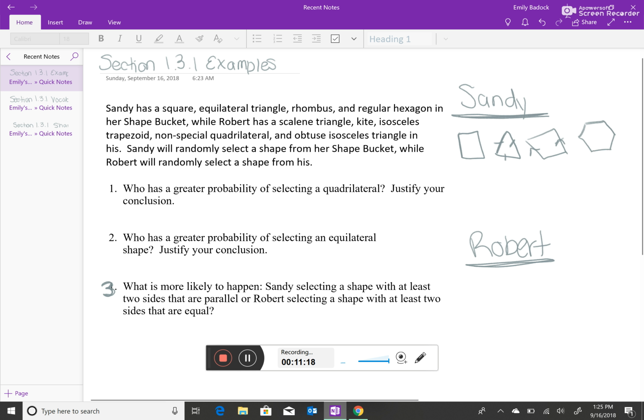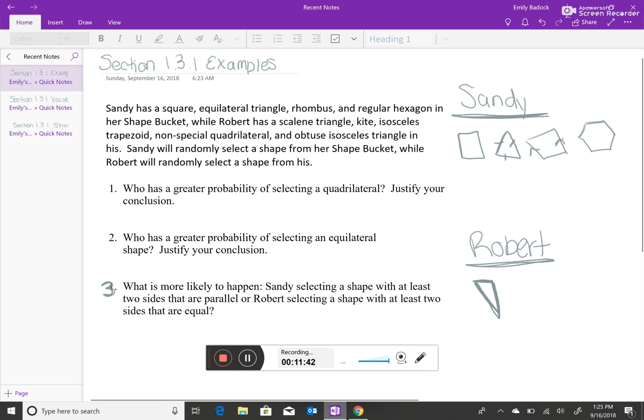Alrighty. Then Robert has a scalene triangle. A scalene triangle means that none of the sides are equal. Because it didn't clarify, I am going to draw that right angle that they had in your shape bucket. It's a horrible right triangle, but you get it.